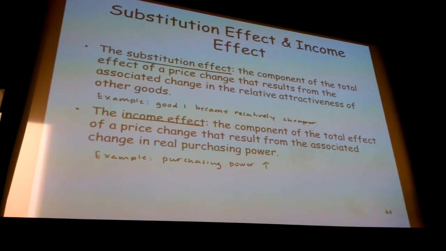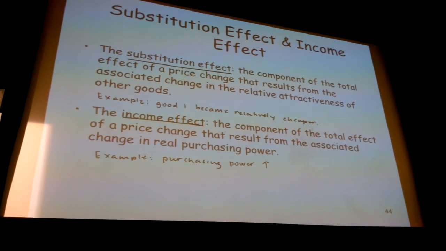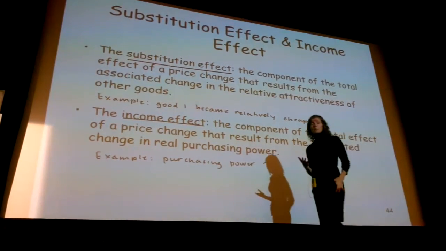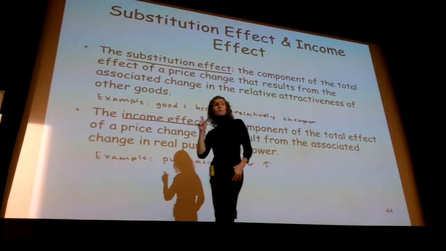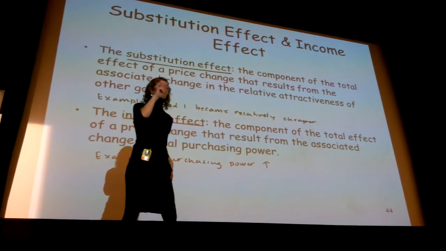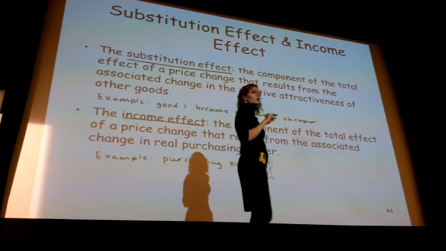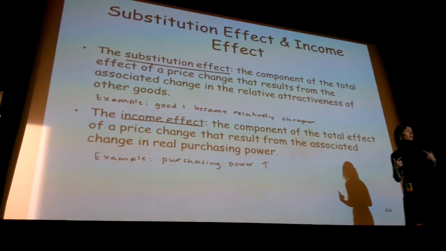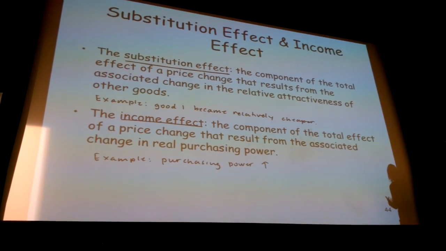What I really want you to understand here is that when the price of a good changes, two things happen. One is that we're changing relative prices, making that good cheaper or more expensive relative to other goods, but we're also changing overall purchasing power. And both of those have an effect on our consumption patterns.